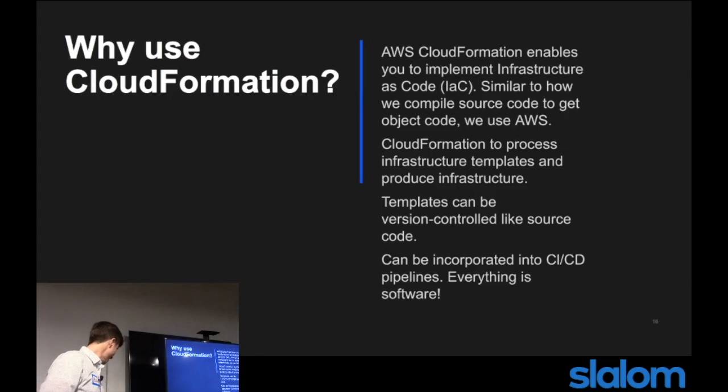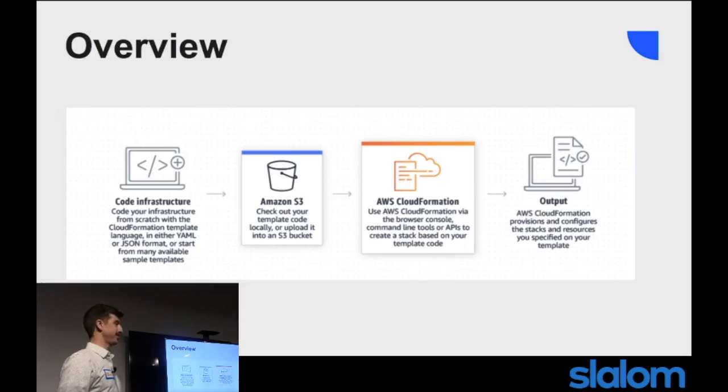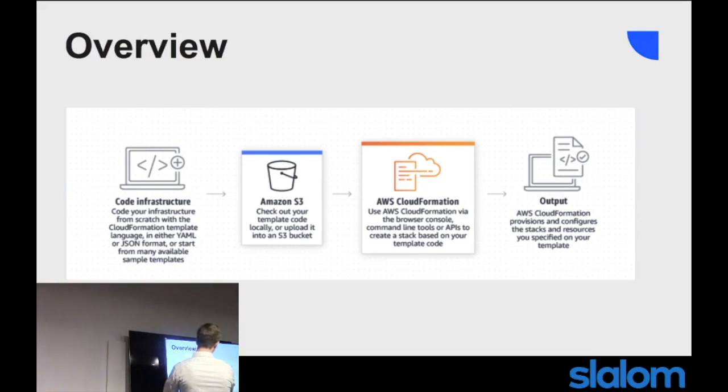Cool. So this is functionally how CloudFormation works. You write your code, and it has to land in AWS's major storage, S3. That is picked up by CloudFormation, which then reads through that JSON or YAML file.